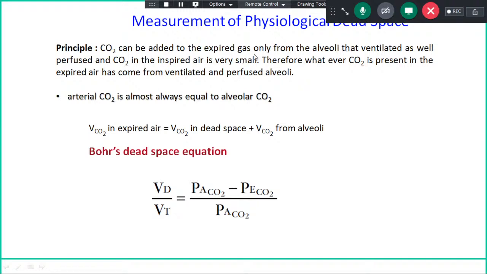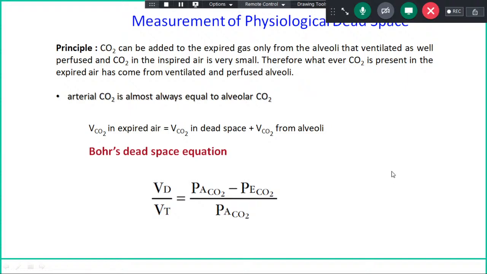CO2 can be added to the expired gas only from those alveoli which are perfused and ventilated, because only when gaseous exchange occurs is CO2 entering the alveoli, and CO2 in the inspired air is very small. Those alveoli which have no perfusion will not have any CO2, because it is only from the inspired air. So whatever CO2 comes in the expired air has come from ventilated and perfused alveoli.